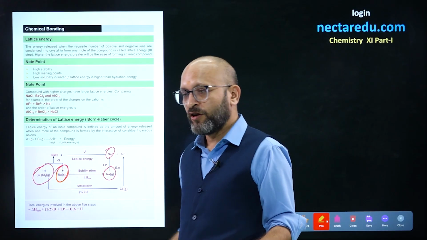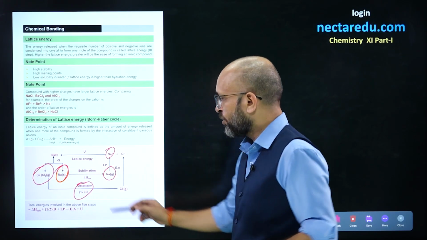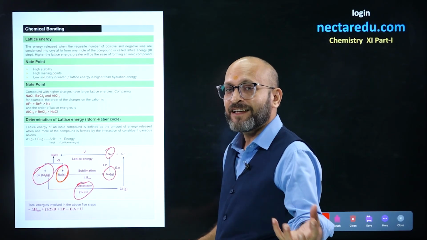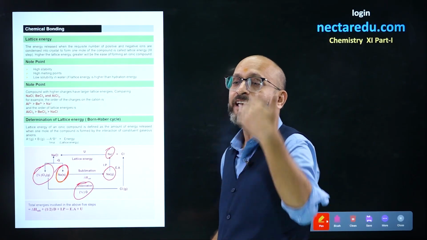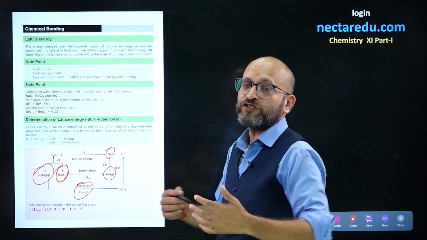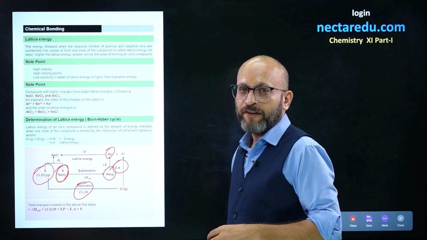Half Cl2 gives Cl. Now Cl will gain an electron. This process is exothermic. From Cl to Cl- formation, it is an exothermic process, and the energy associated is known as electron affinity.